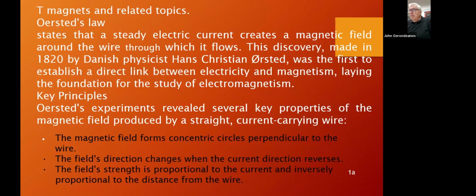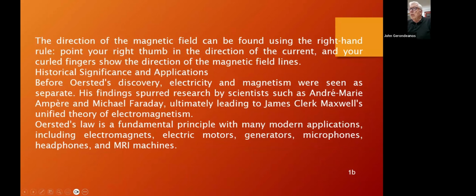And this discovery was made by Ørsted in 1820, and was the first direct link established between electricity and magnetism.